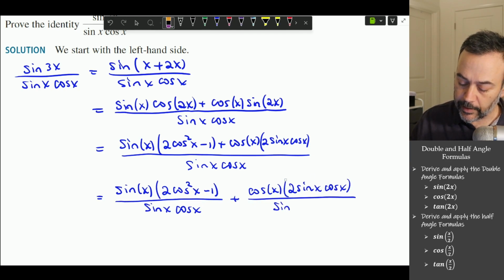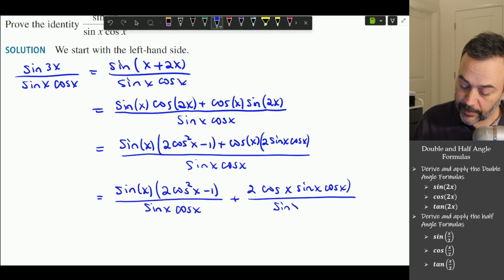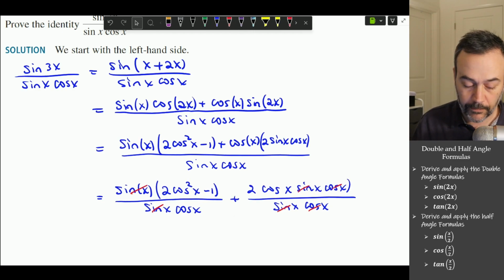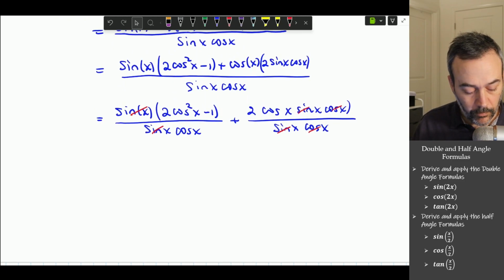I guess I could have written that a little nicer. I could just put the 2 in the front. And I'll get 2 cos x sine x cos x. On the bottom, I have sine x cos x. And a bunch of stuff cancels. So these cancel, these cancel, these cancel.